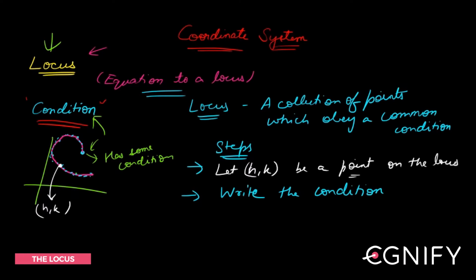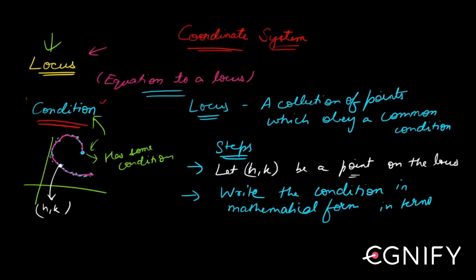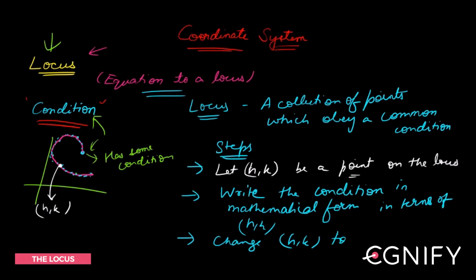So write that condition that's given in the question in mathematical form in terms of h comma k. And the third step is change h comma k to x comma y. These are the only 3 steps to find the equation to a locus.